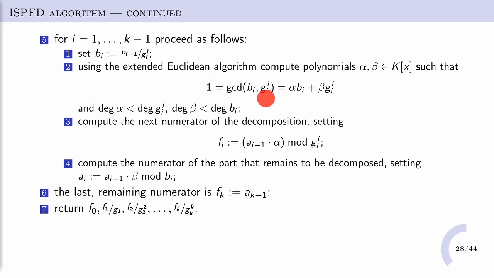Of course, gi and bi are relatively prime, so we can use the extended Euclidean algorithm to compute the Bezout coefficients alpha and beta, such that alpha bi plus beta gi to the ith power gives us 1.